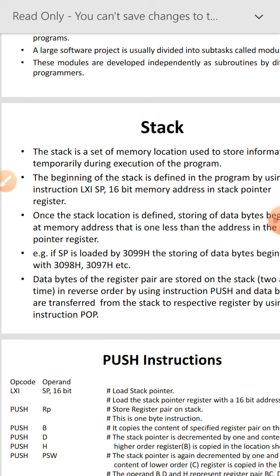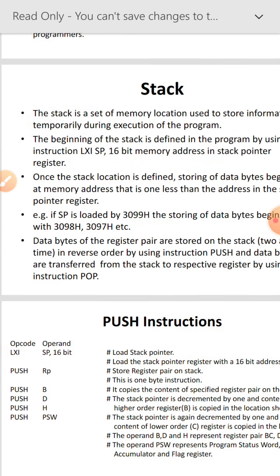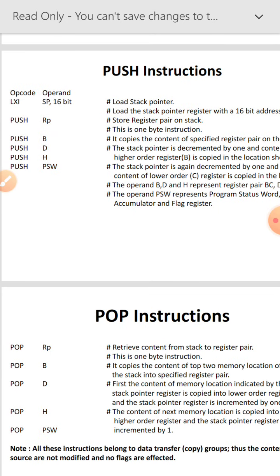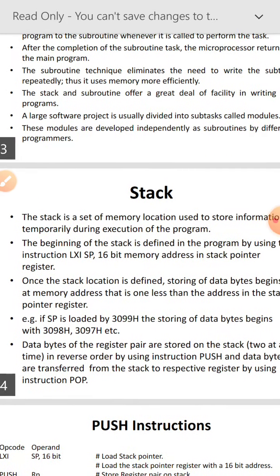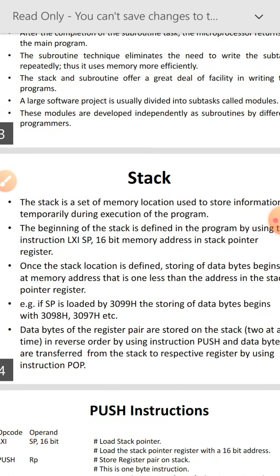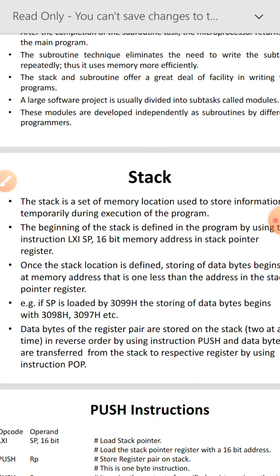For that purpose, we will use two instructions: for putting the data, the PUSH instruction, and for retrieving the data, the POP instruction. Once we load a certain memory address into the stack pointer, that address is called the stack top location.